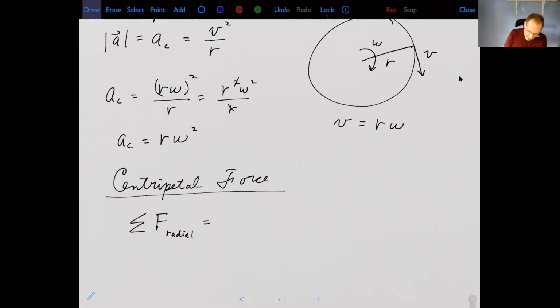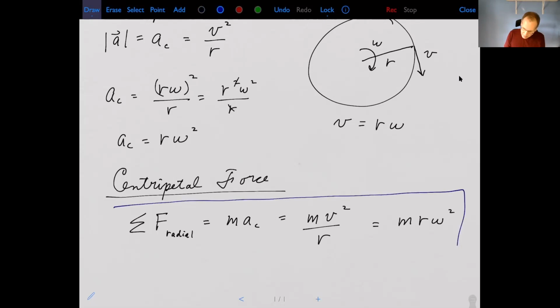And it's equal to ma, right? But the a here is the centripetal acceleration. So I could write this as either m v squared over r, or I could write it as m times r omega squared, depending on whether I want to use the linear velocity or the angular velocity. Okay, so that's an important equation. We will need to use this later in the lab.